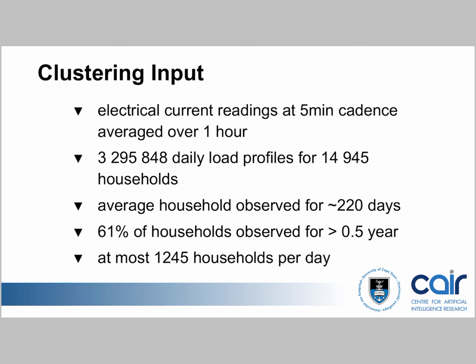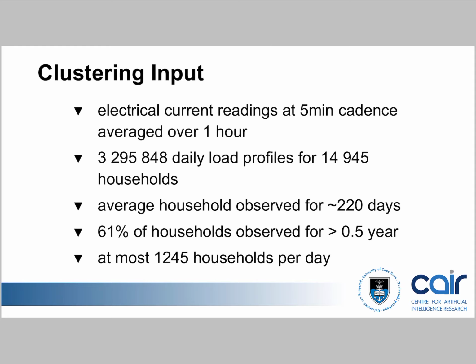The clustering input for our project were electrical current readings at 5-minute cadence that we averaged over 1 hour. Altogether, we had over 3 million daily load profiles representing 14,945 household years. What is important to note, these aren't unique households. These are households that were monitored over 1 year.